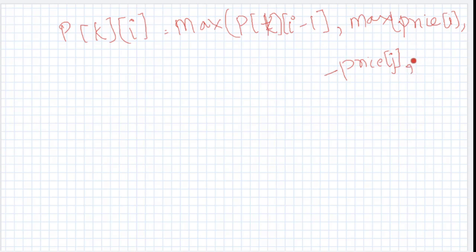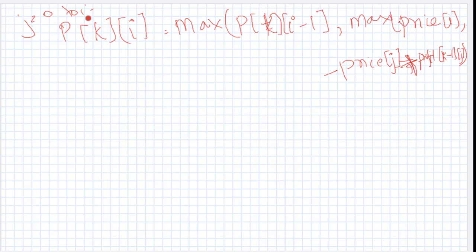We'll be running two loops, plus the profit of the earlier day, the profit of the other day. This is what we are doing. j is actually going from 0 to i minus 1, because we are running two loops in this case, and we'll be checking which goes better and which does not.